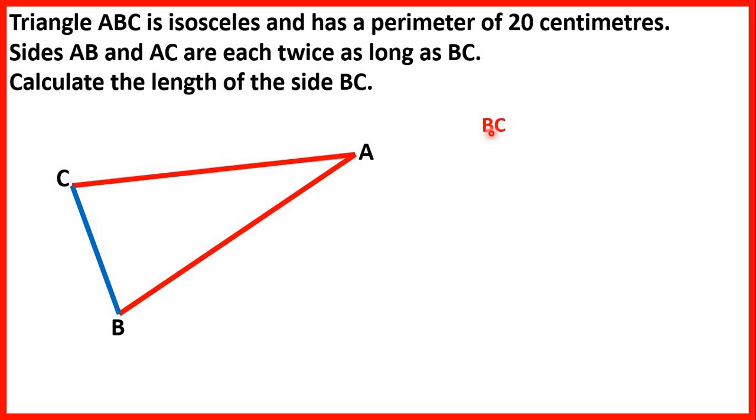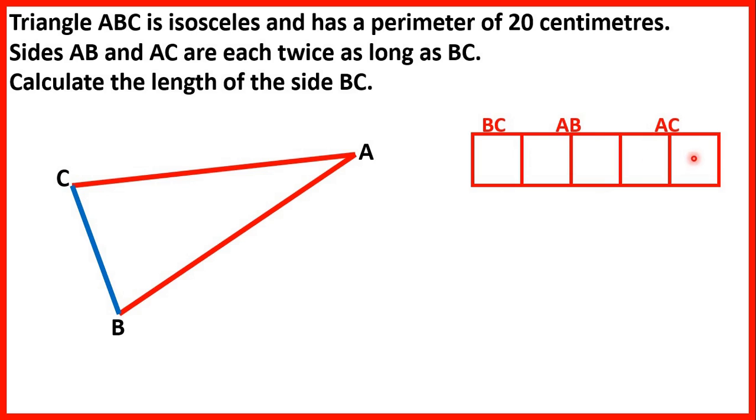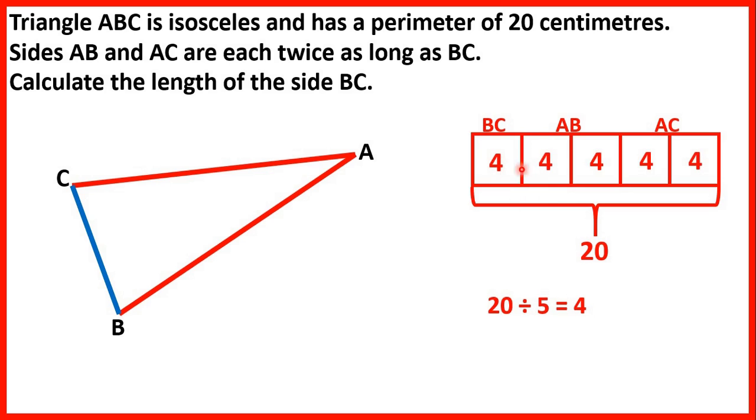So with a bar model, we can draw one bar for BC, and then we can use two squares for lines AB and AC, because lines AB and AC are twice as long as BC. Now the total length, the perimeter, is 20, and because we have 5 squares, if we divide 20 by 5, that tells us that each square is worth 4 centimeters.